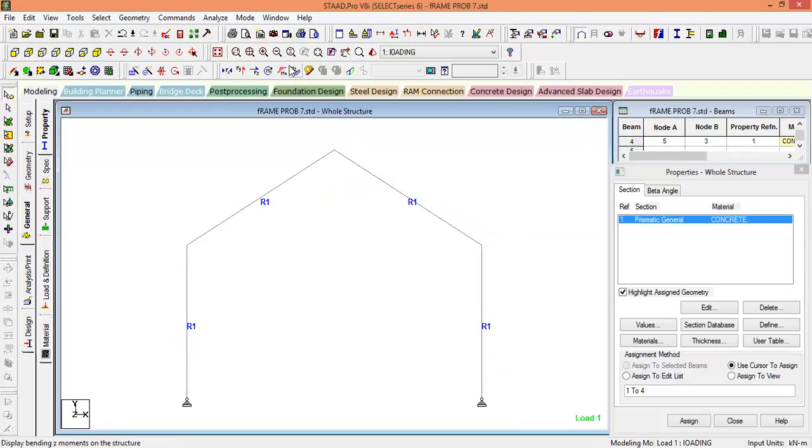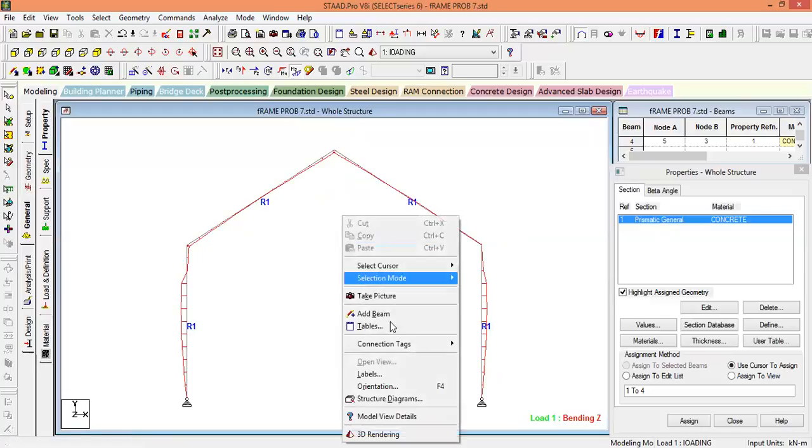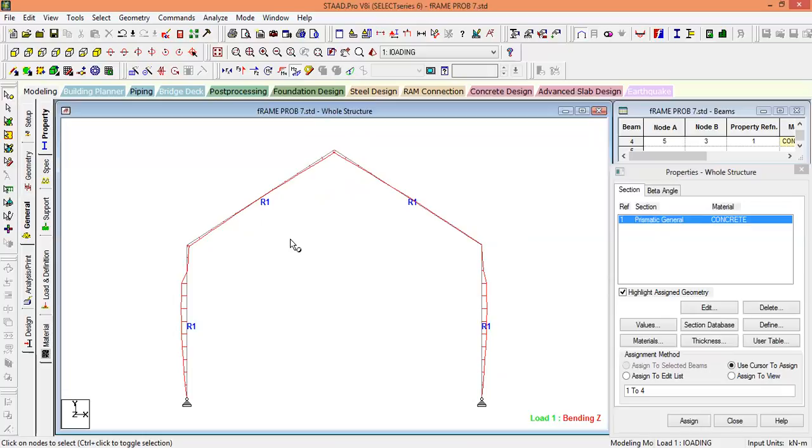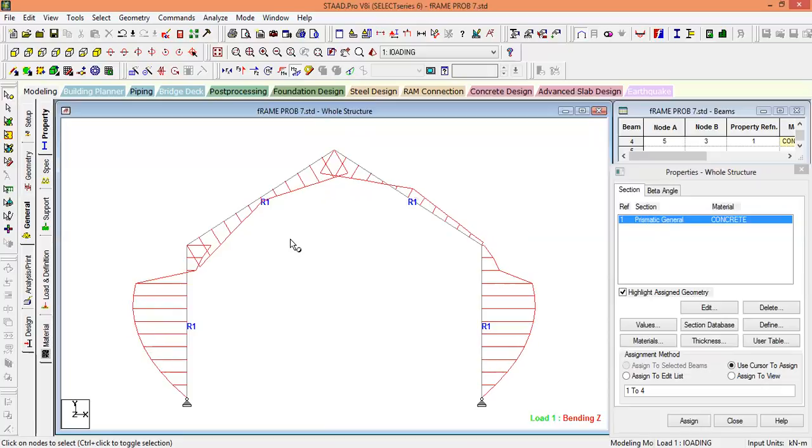We close this. Let's see how the bending moment diagram looks. We will just press control and scroll the mouse button. You can see this is the bending moment diagram. Here there is a sharp change in the bending moment diagram due to the application of the moment.